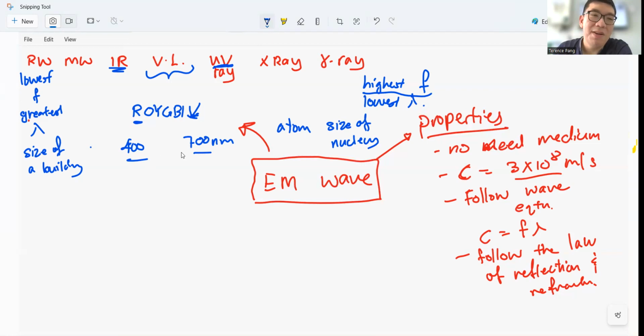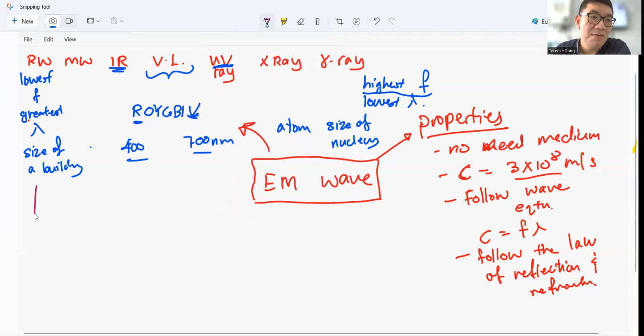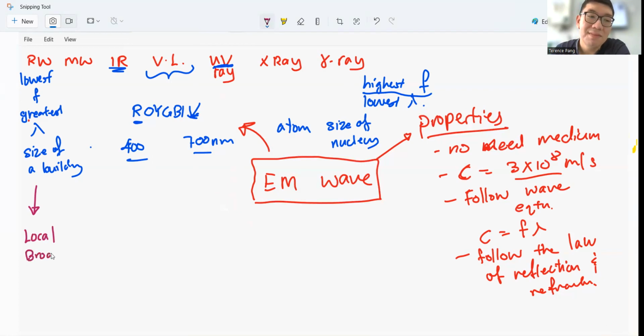Okay, a quick one. What about applications? Let's talk about applications. Radio wave is used for what? Transfer of data. GPS?